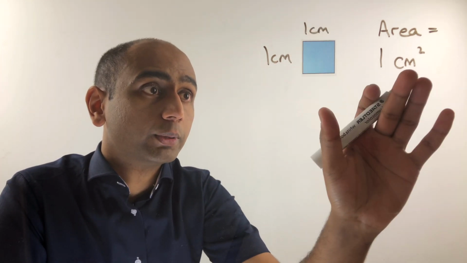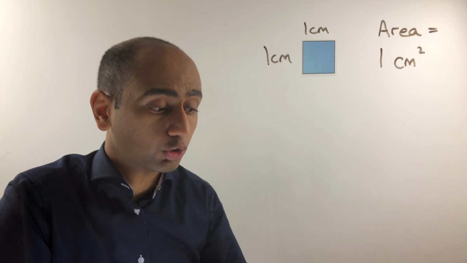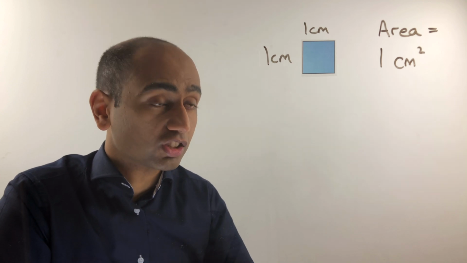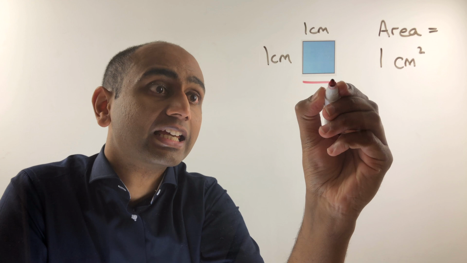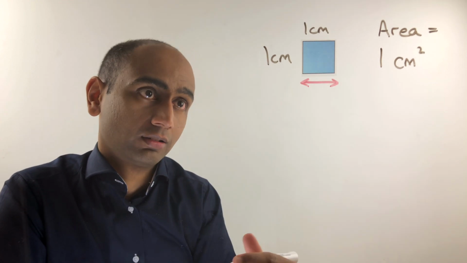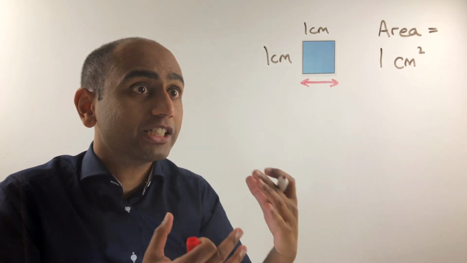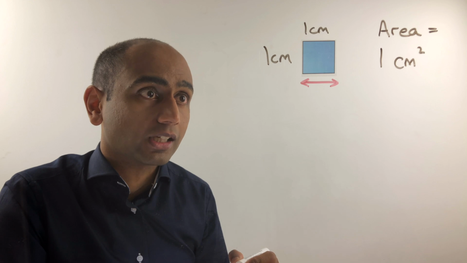Don't get mixed up between these units. Centimetres and centimetres squared are really different. Remember, a centimetre is just a length, right? That is a length. The area is the entire blue bit. So a centimetre squared represents how much two-dimensional space an object takes up.